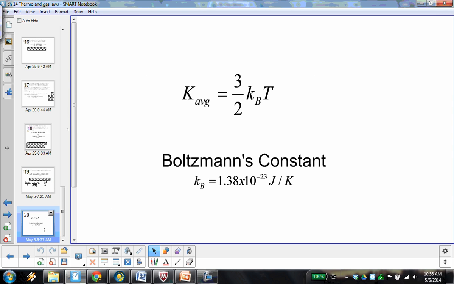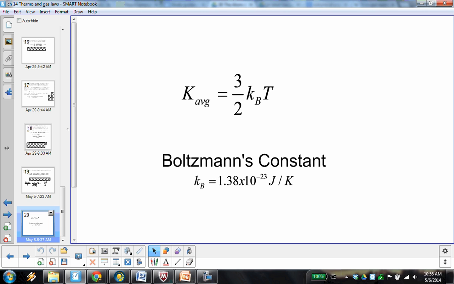This is the equation as written on the FRQ equation sheet. K is that average kinetic energy, which is the same thing as that internal energy. So we have 3/2 K times T. The K is known as Boltzmann's constant, and this is a constant value that is also on that AP test equation sheet.